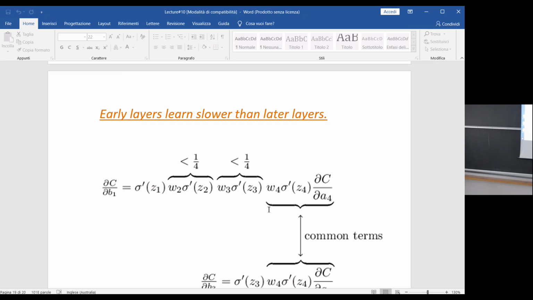We have multiple layers, but each layer consists of only one neuron.